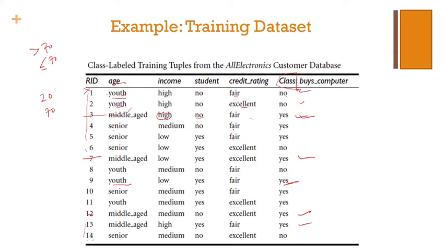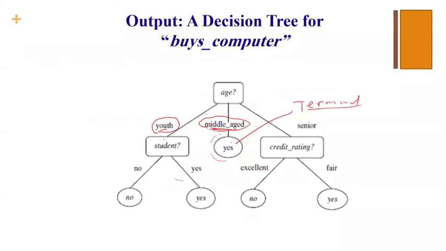So that is why we did not conclude that particular node. We don't have a terminal node yet, because among the youth there are some who bought a computer and some who did not. So we need another attribute to help us split them into two. So some youths are either yes or no.